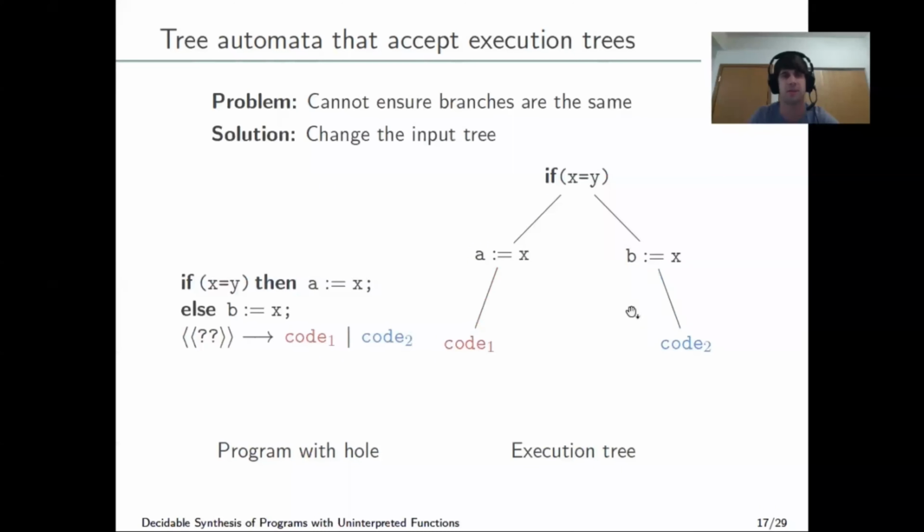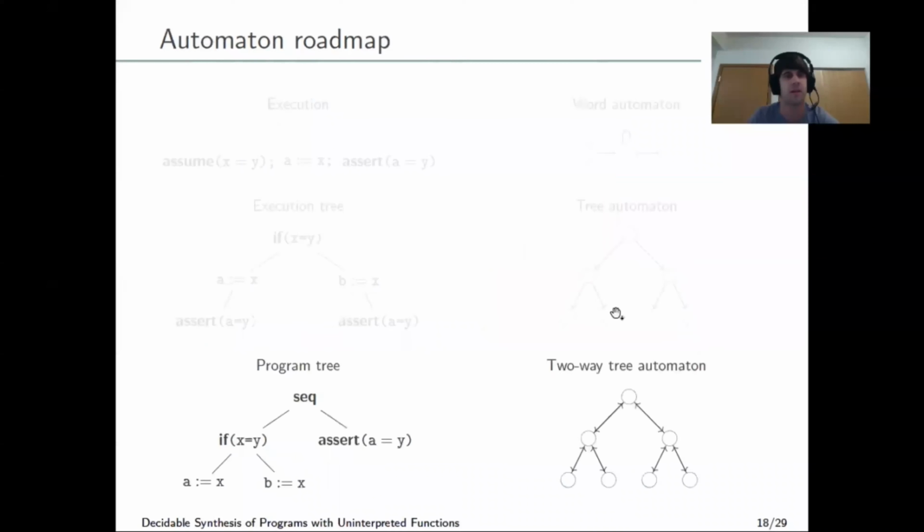So the solution is to change the input tree. And that solution is program trees. These are like abstract syntax trees. They're finite trees that represent infinitely many executions. And what we'll want to do is define an automaton whose language is program trees that only generate correct executions.